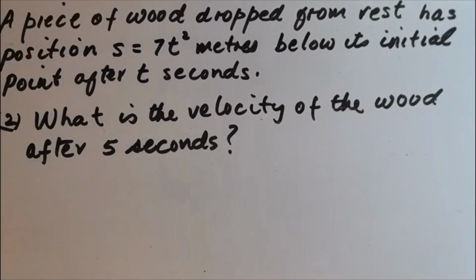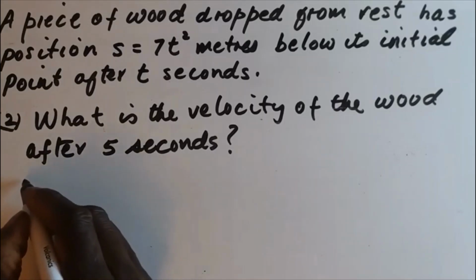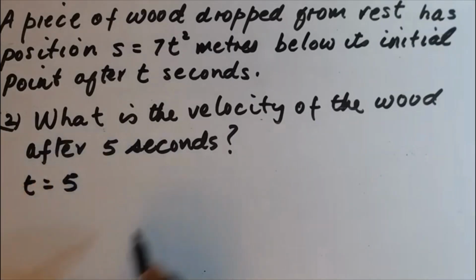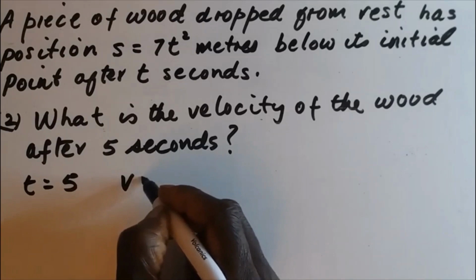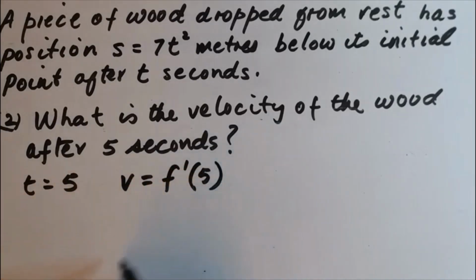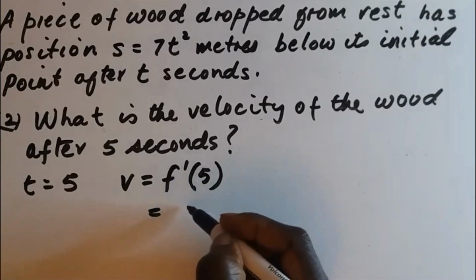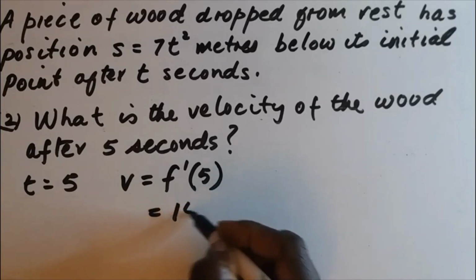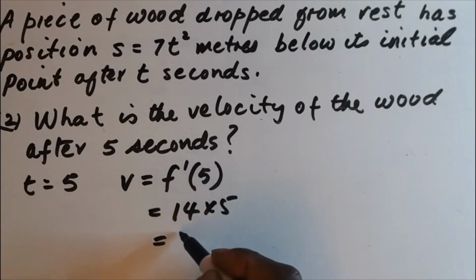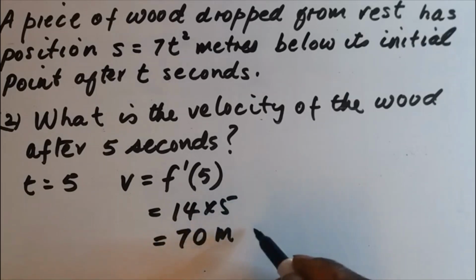What is the velocity of the wood after 5 seconds? Well, now we have when t is equal to 5, our velocity is equal to f dash of 5, which is equal to 14 times 5, which is equal to 70 meters per second.